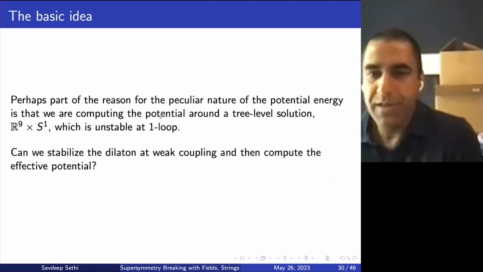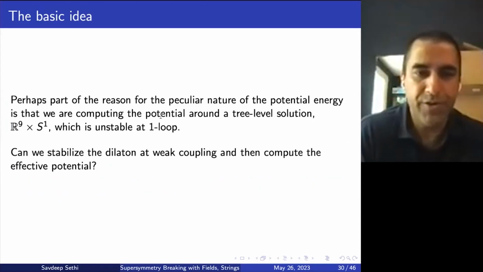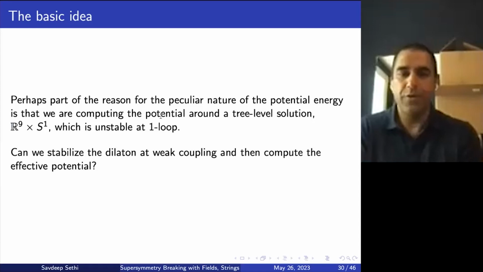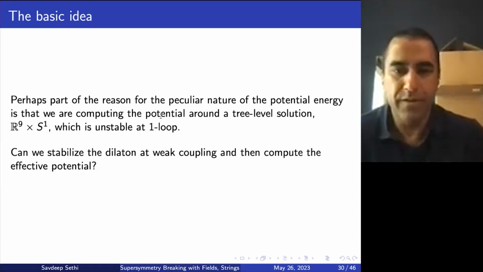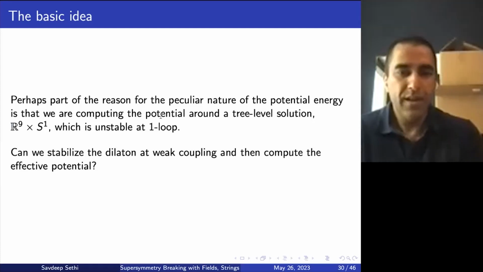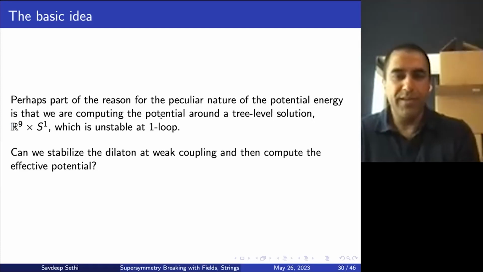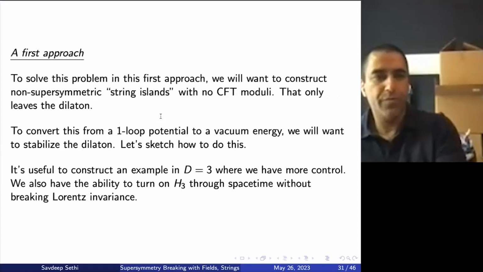Again, perhaps part of the reason for the peculiar nature of the potential energy is that we're computing the potential around the tree-level solution, which itself is unstable at one loop. There will be a dilaton tadpole generated. So the question we might naturally ask is, can we stabilize the dilaton at weak coupling and then compute the effective potential?